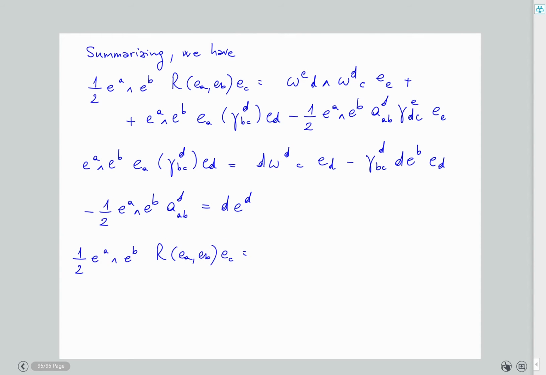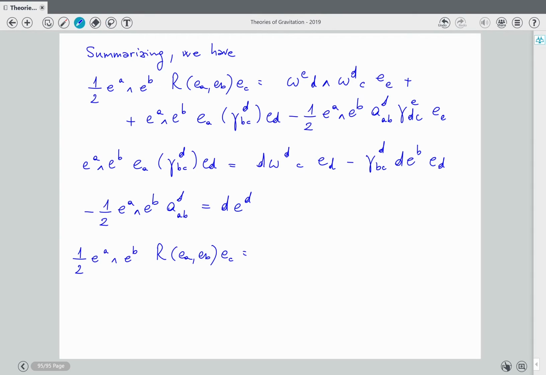So the right hand side is omega ed wedge omega dc e e. Okay, plus. Second, we replace with its result d omega dc e d. Then we have minus gamma dbc d e b e d.